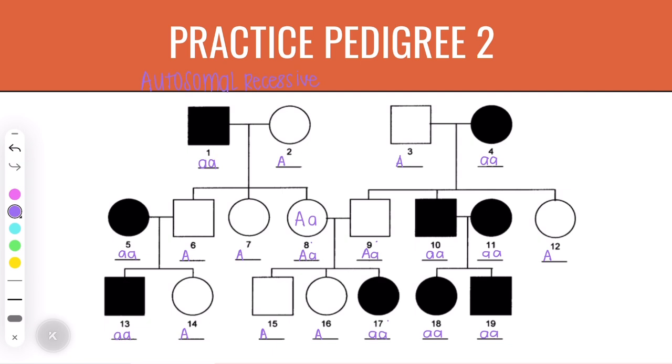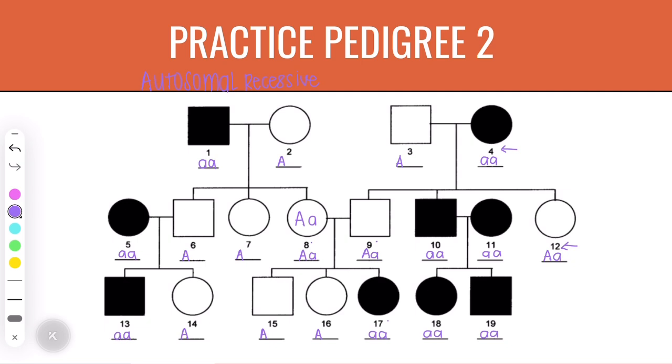So how to do that: look at their parents, look at their offspring. If either a parent or an offspring is recessive, then you know they have to be heterozygous. So for example, person 12 here has a parent, person 4, who is homozygous recessive. That means that they had to get a recessive a from their mom.